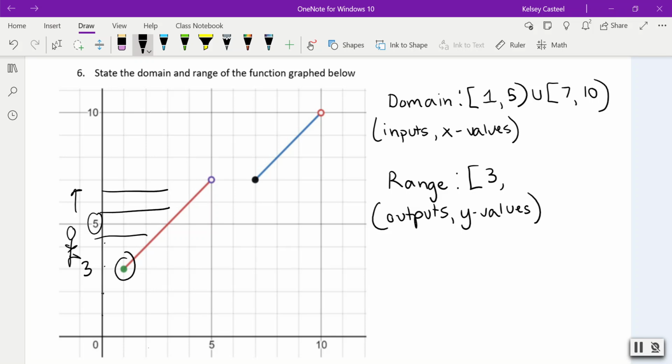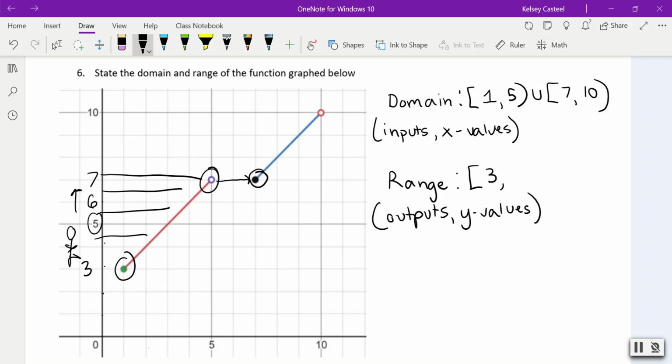I see the red section all the way until I hit that open circle. Looking on our y-axis, 5, 6, 7. So the y value of 7 is not included there. However, when I look at the other section, I do have a closed circle at 7. So the 7 actually is included.